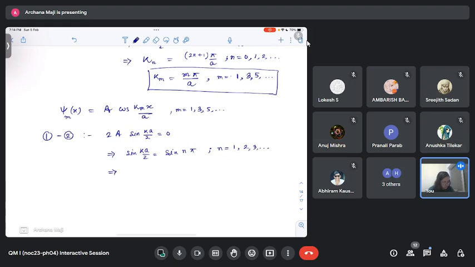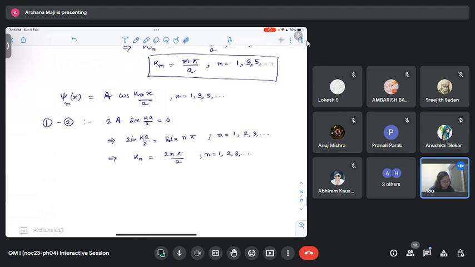So this implies k_n is equal to 2n pi over a, where n is equal to 1, 2, and so on. We can rewrite this in a better form as m pi over a, where, when n is 1, 2n is 2.